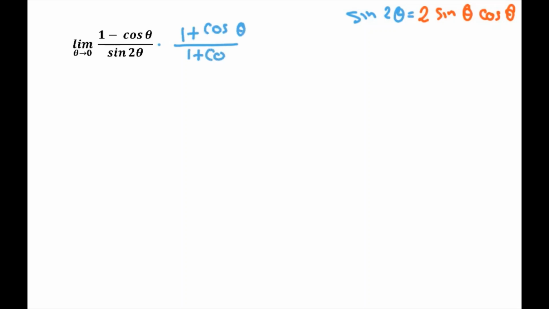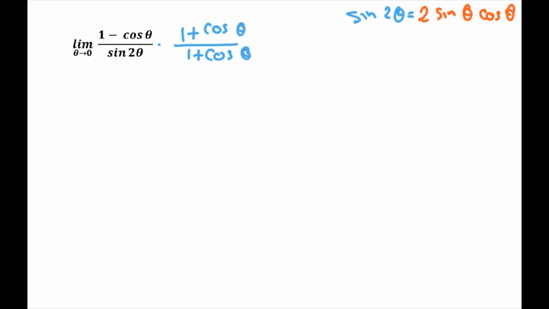Next, if I have a question like this, here we can do two things. First of all, we can use the double angle formula, sine 2 theta equals 2 sine theta cosine theta. And for the numerator, we can multiply the numerator and denominator by the conjugate, which is 1 plus cosine theta. So we're going to do both.